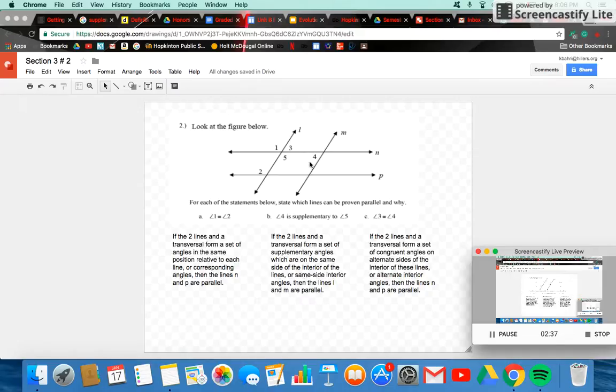We can tell just from looking that they are alternate interior angles because they are on the inside and they are alternate angles. And because we know that they are alternate interior angles and they share the line N, lines N and P are parallel.